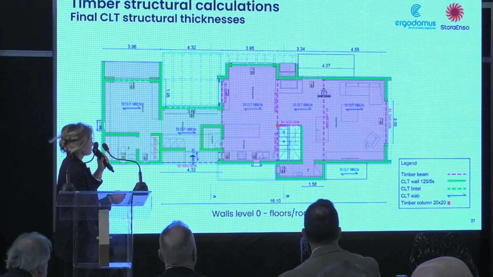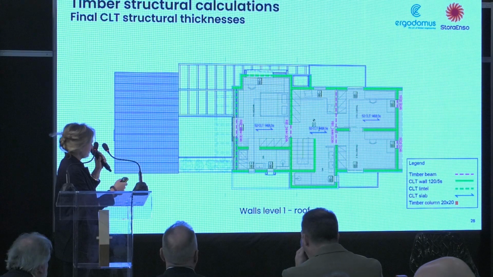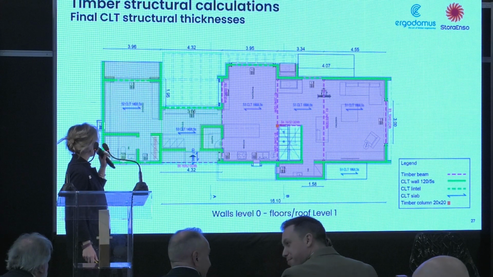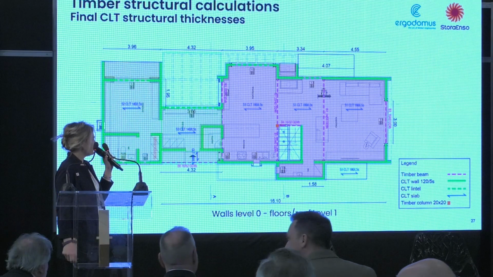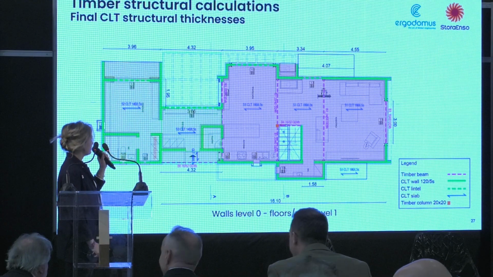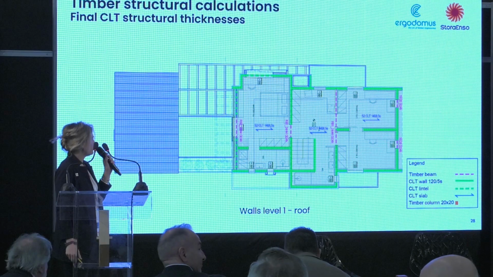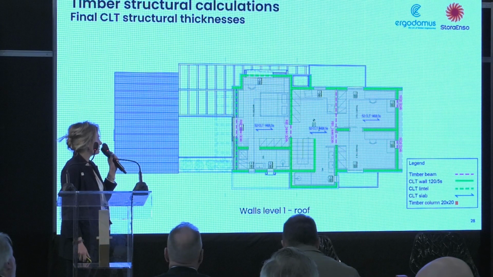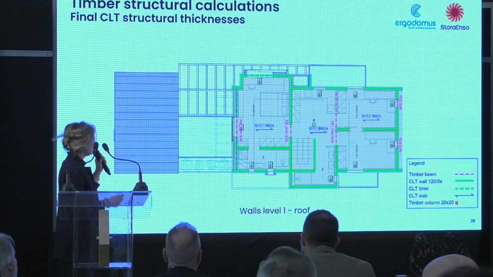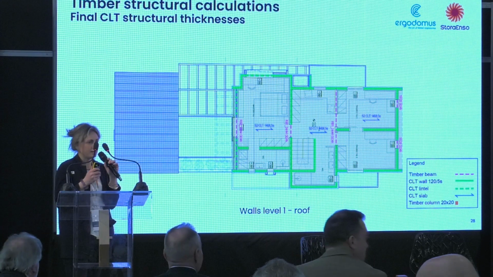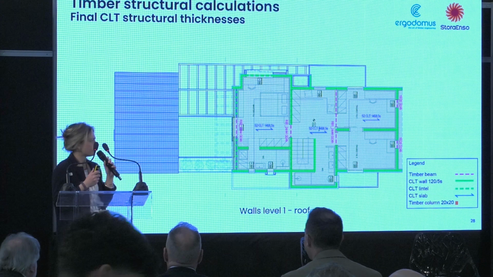And as a floor, we have thicknesses of 140 and 118, as we have already said, in the first floor. In the last floor, meaning the roof, 140. So this is the typical final design for a timber structure.